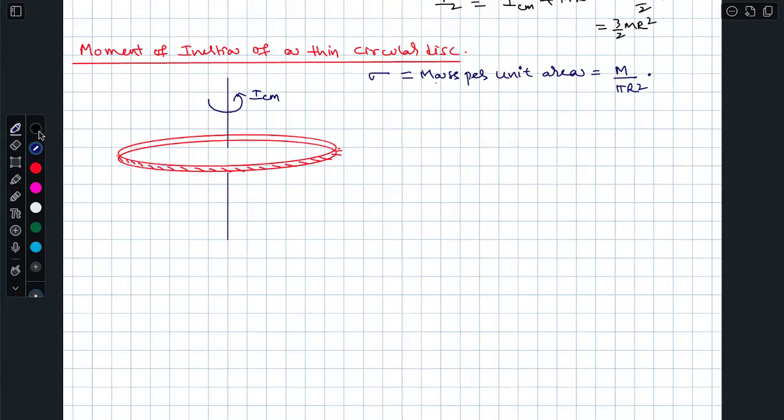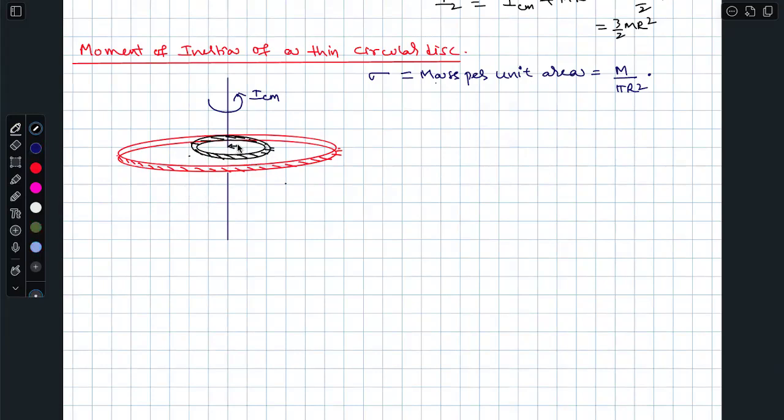Now, in this also, we imagine a ring type structure.